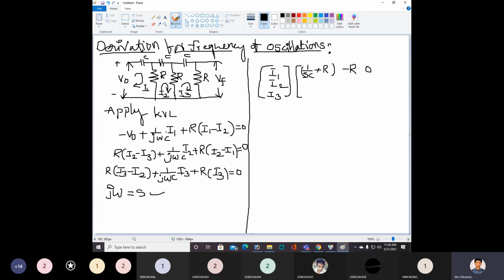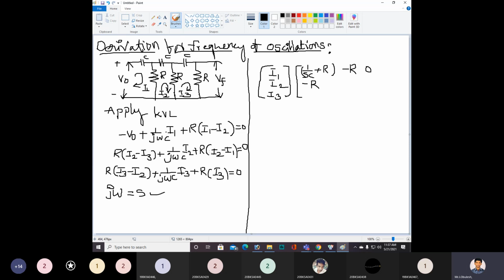For I1, in the first equation we have minus R. See, minus I2 into R, right? Then the next, you need to see here two I2s, right?